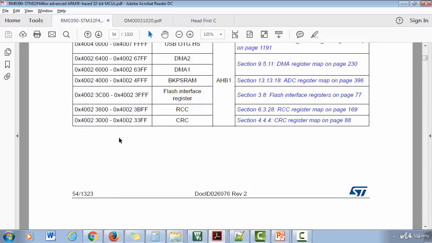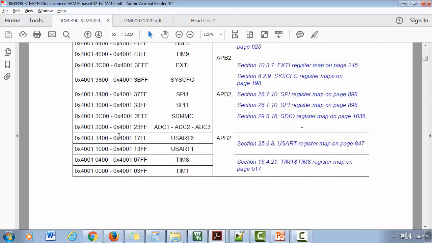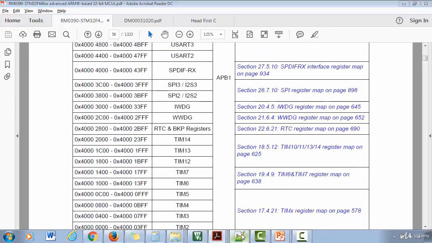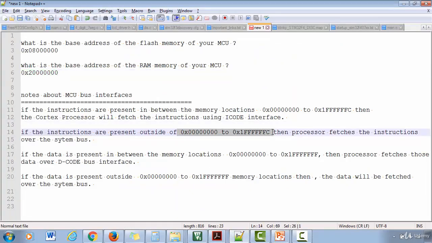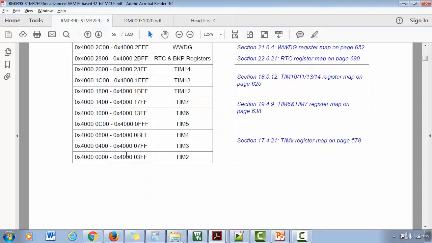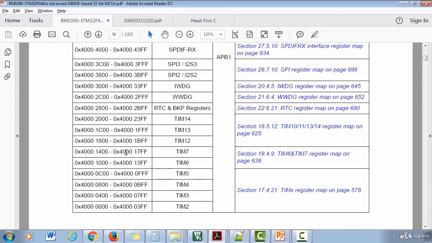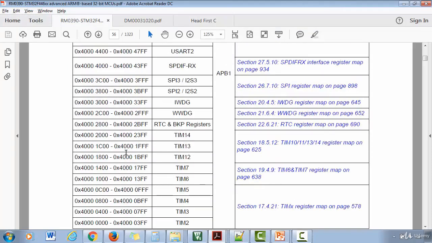So all these memory locations, if you browse here, they all fall outside these memory regions, isn't it? So that's the reason all the peripherals you saw in this microcontroller will be accessed over the system bus. So you cannot use I-code or D-code in order to talk to these peripherals.